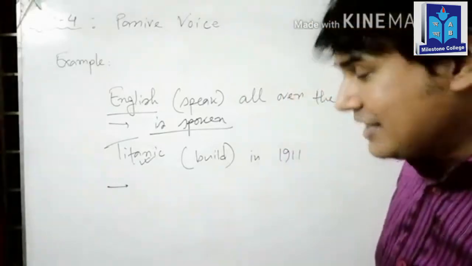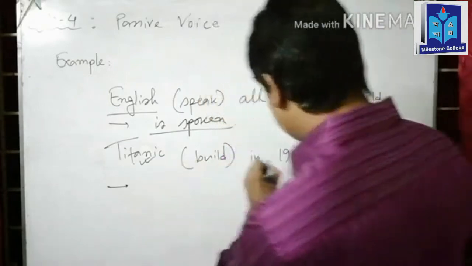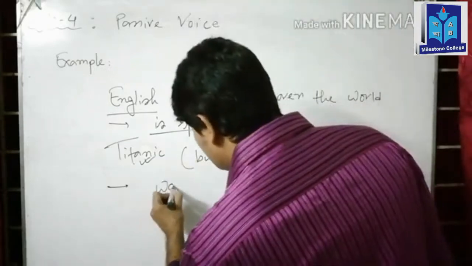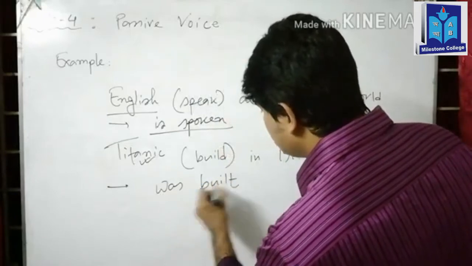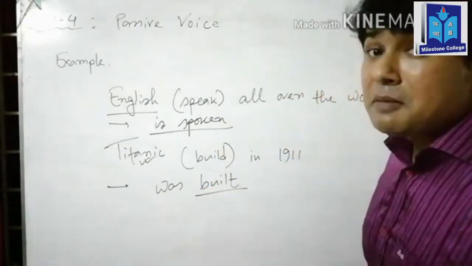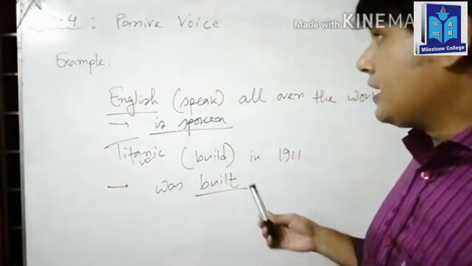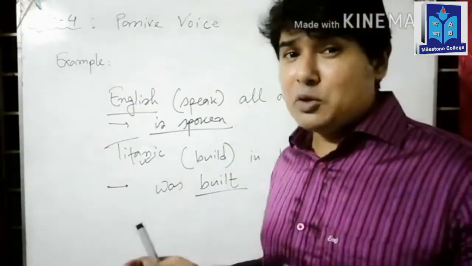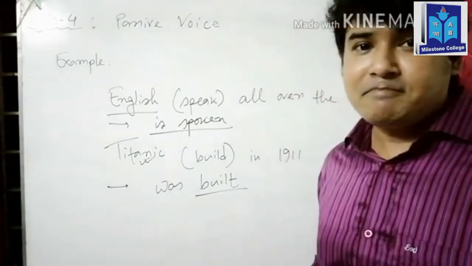So we can easily say that it's a passive voice structure. Since it's a past tense, we will use was and built. Titanic was built. So these are the examples there. I think it will help you to understand passive structure more accurately.